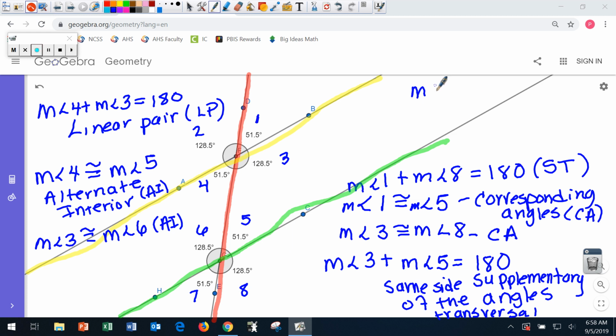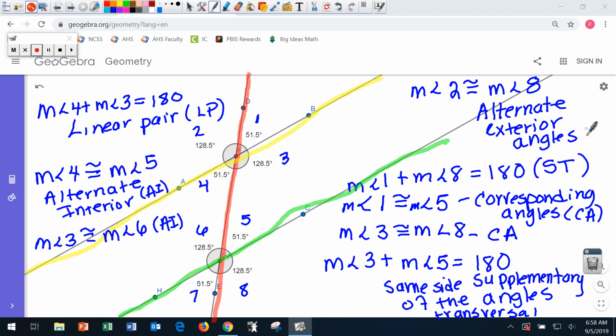So the measure of angle 2 is congruent to the measure of angle 8, and they are called alternate exterior angles. And we're going to call that AE for short.